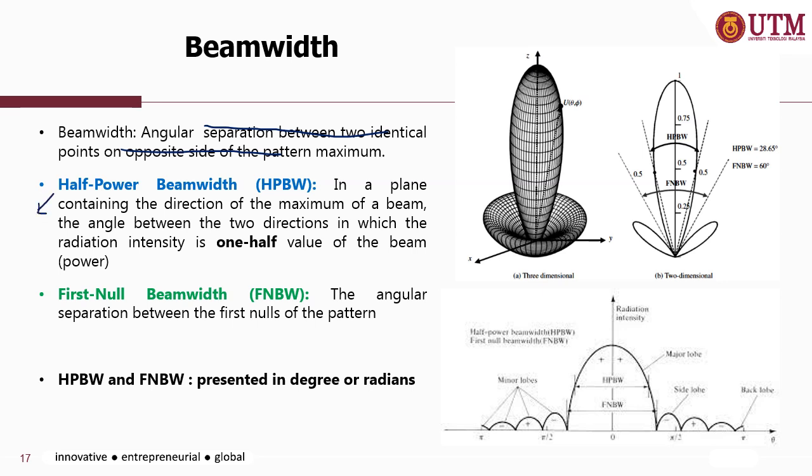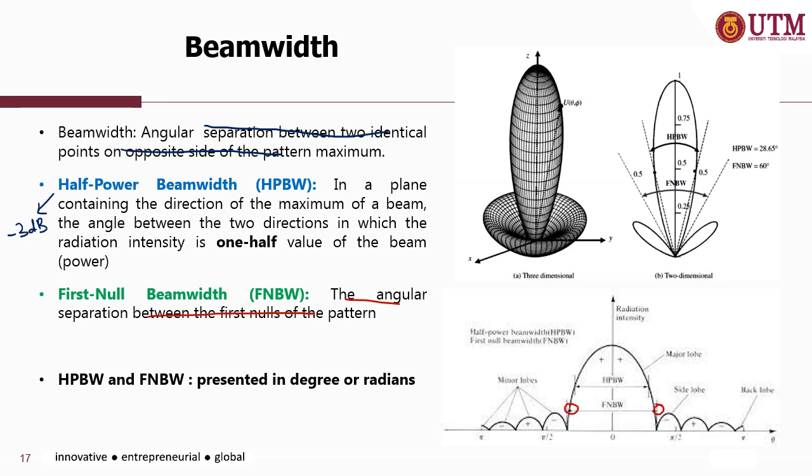This happens when the power is reduced by 50% from the maximum power. It is at the -3 dB level. And the first null beam width is the angular separation between the first nulls of the pattern. Okay, so this is the first null of the pattern.